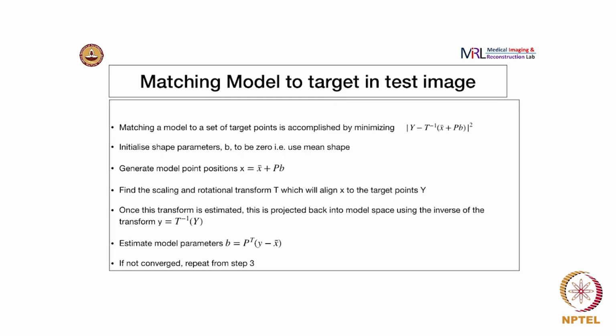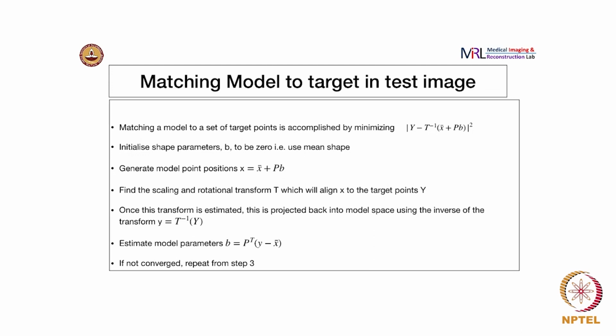The last piece, or should I say the penultimate piece, is to match the model to a target in the test image. First let's look at how you would match a model to a set of target points in the test image. We assume that the target points are given. We'll see how to get those target points later. First, there is a bunch of target points that you have somehow figured out in the image, which hopefully correspond to the shape that you are looking for.